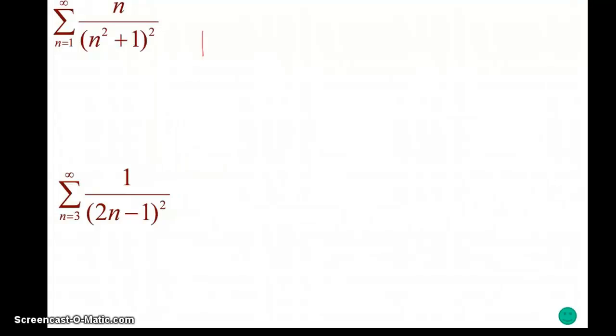Again, we're only concerned with what's happening for large n. For large n, this is acting like n over n to the 4th. So I would say 1 over n cubed would be a good comparison.